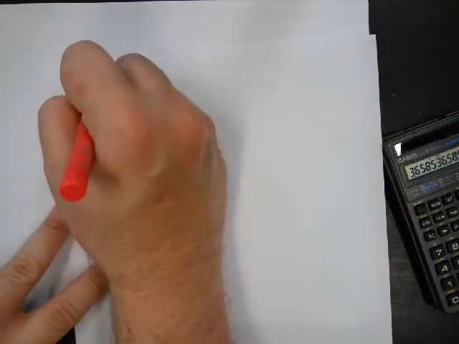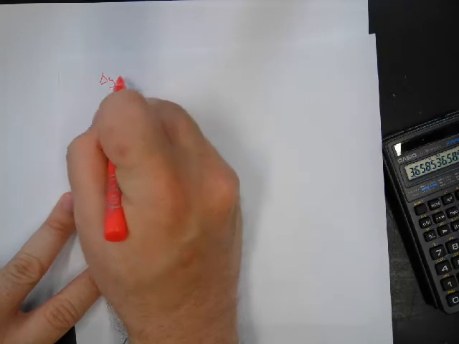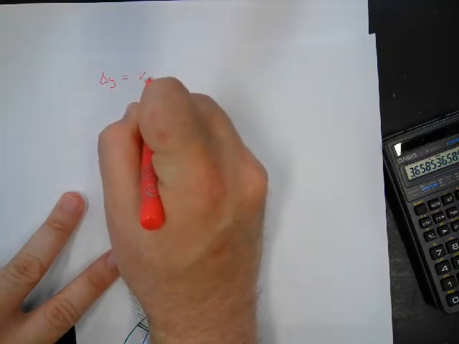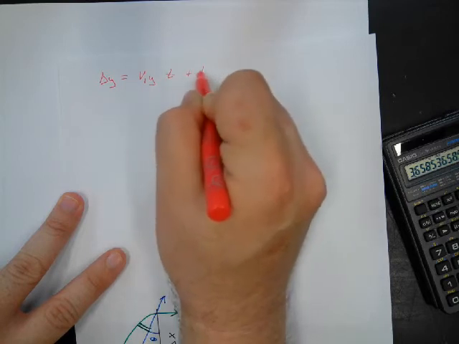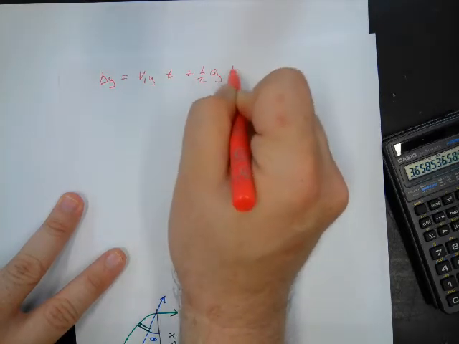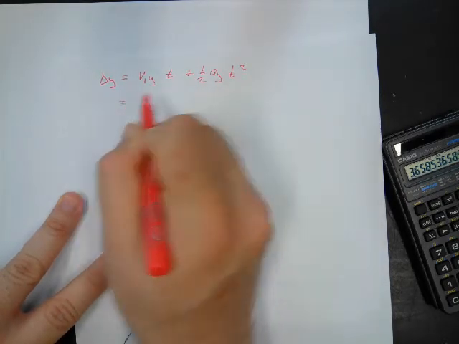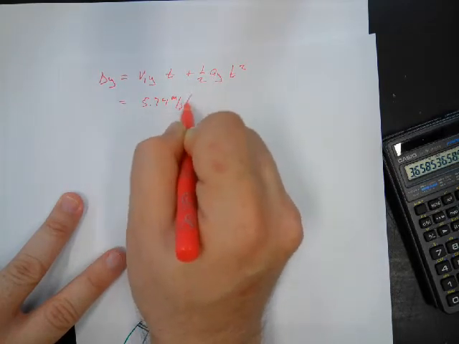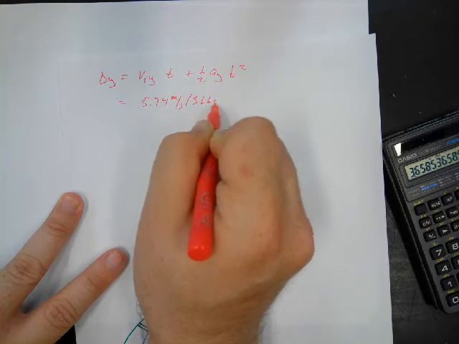So we'll have delta y equals v initial y t plus 1/2 ay t squared is 5.74 meters per second times 3.66 seconds.